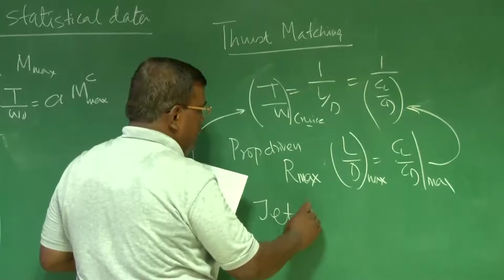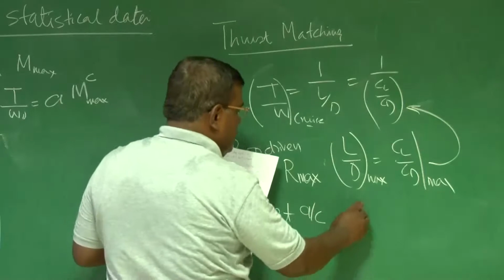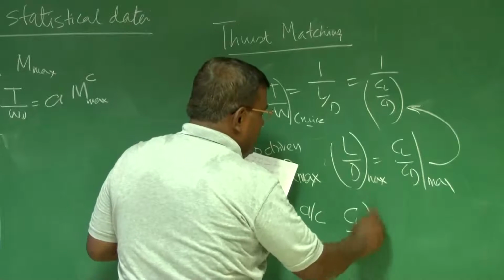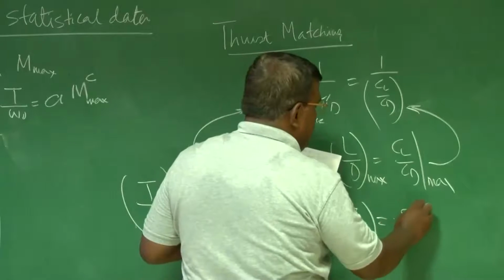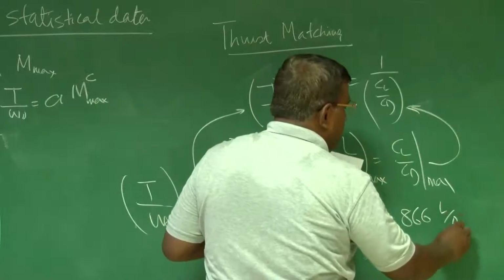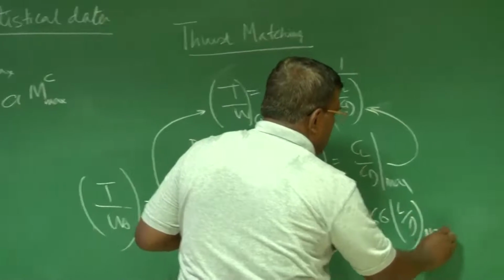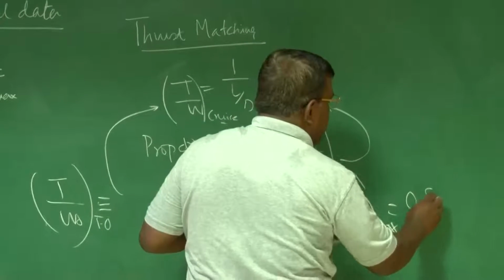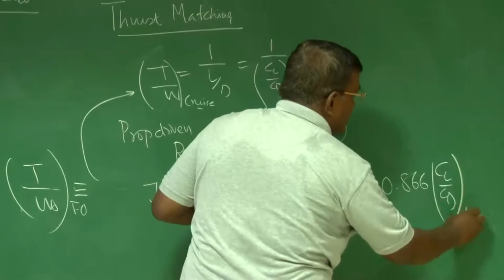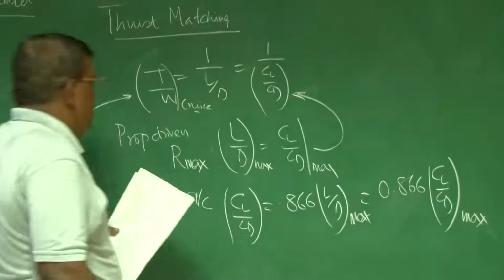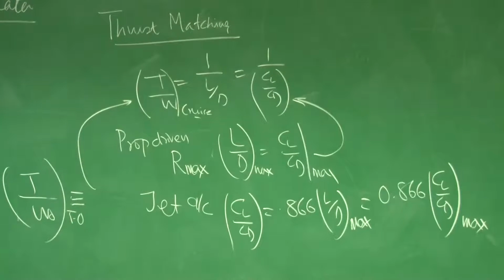and similar for a jet aircraft. You know that CL by CD, it has to fly for range maximum is 0.866 L by D max, or 0.866 CL by CD maximum, depending upon what type of airplane you are flying or designing.